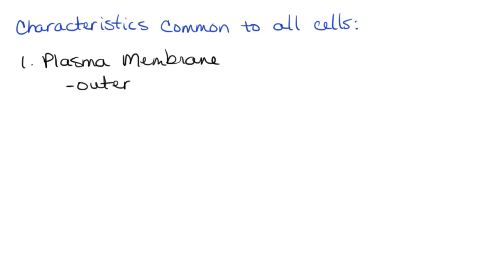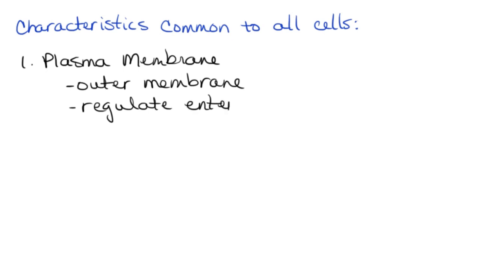It surrounds the cell and regulates what enters and exits the cell. This is a very important job because it can change from moment to moment.